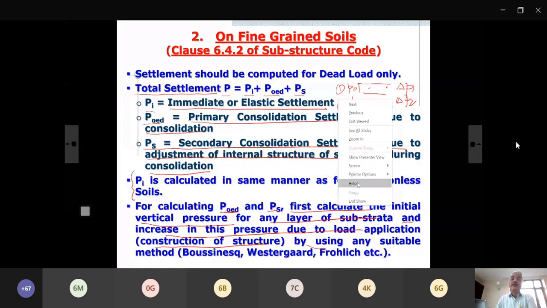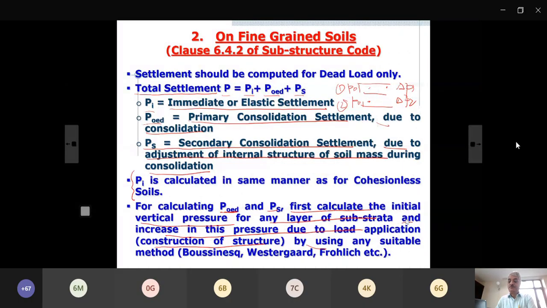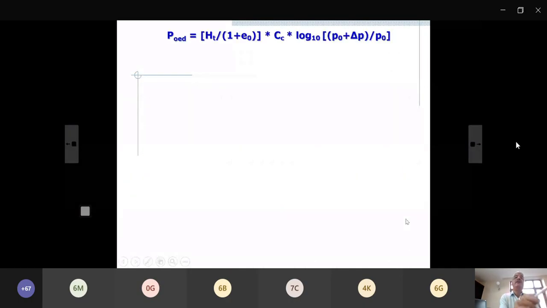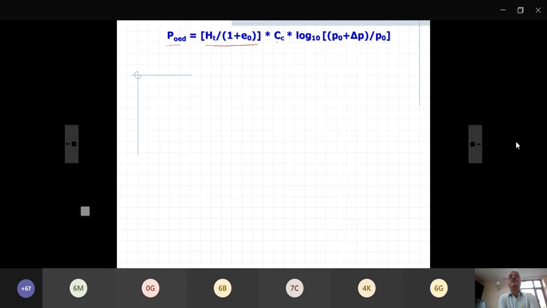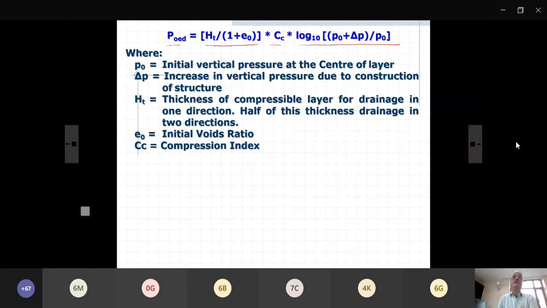Calculate this, and then there is a formula for calculating primary consolidation settlement or oedometric settlement. Ht divided by 1 plus e0 multiplied by Cc multiplied by log to the base 10 of P0 plus delta P divided by P0. Here P0, as I have told you, is the initial vertical pressure at the center of the layer. Delta P is the increase in vertical pressure due to construction of the structure.